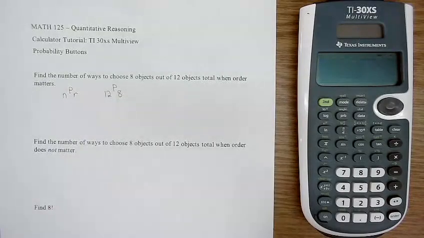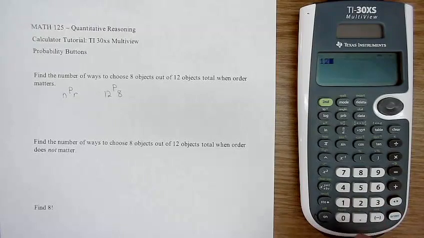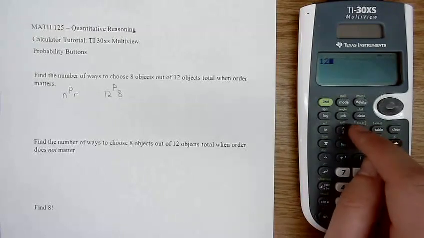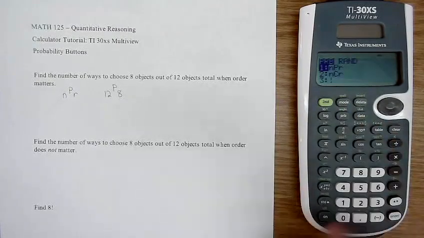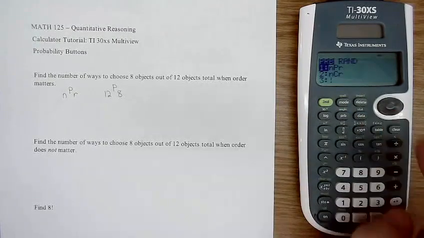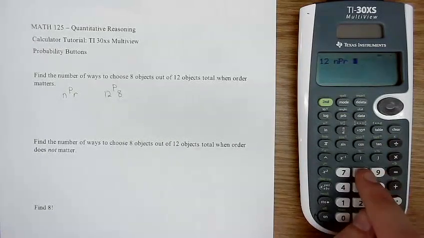So to use our calculator to find this number, I'm going to first have to tell it how many total objects there are. There are 12. And I'm going to go into our probability button, which is PRB. So then it is going to be the first option, our nPr. I'm going to hit enter. And then I need to tell it now how many objects I am choosing from our 12, our r.